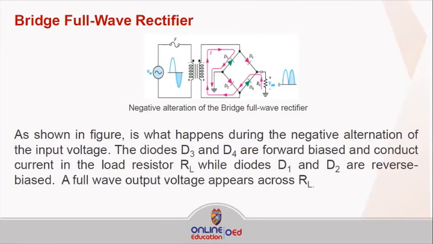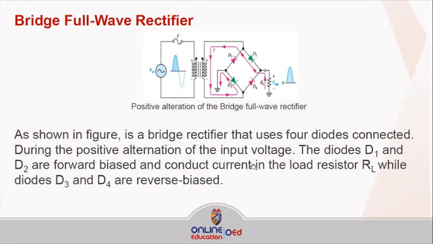As shown in the figure above is the negative alternation naman kapag sa bridge full wave rectifier. As shown in the figure is what happened during the negative alternation of the input voltage. Okay, as you can see, we have diode 3 and diode 4 in the forward bias sa negative alternation. Kabaliktaran naman dun sa kanina sa positive alternation. Dito sa D3 and D4 is naka-forward bias.